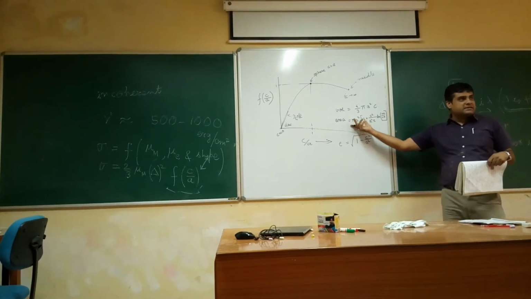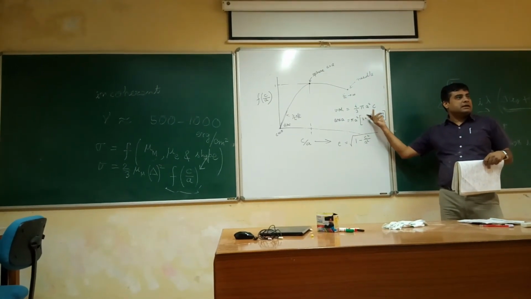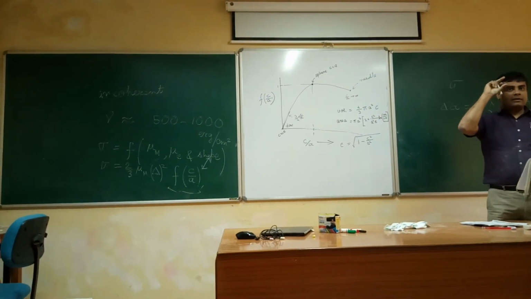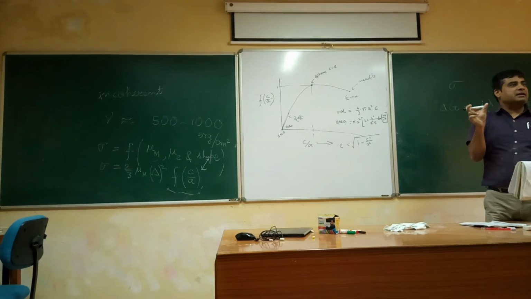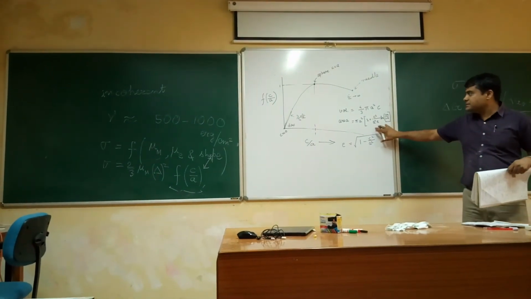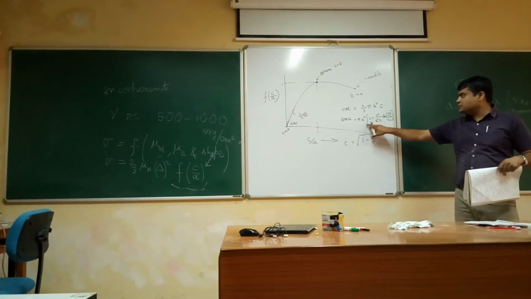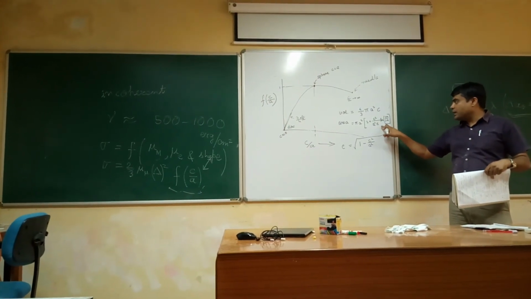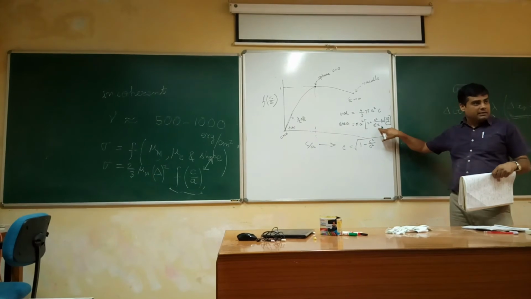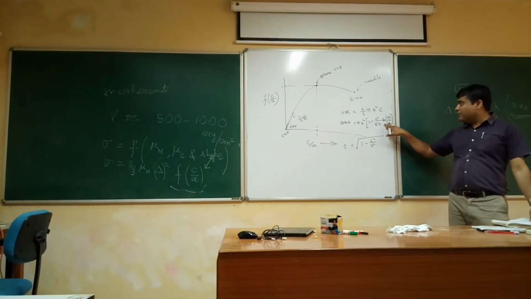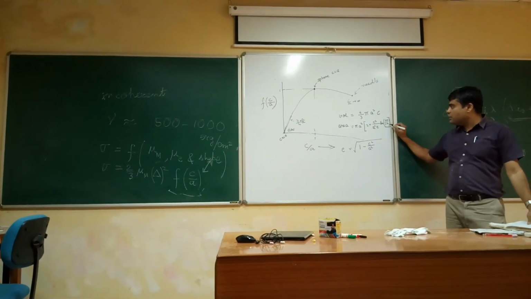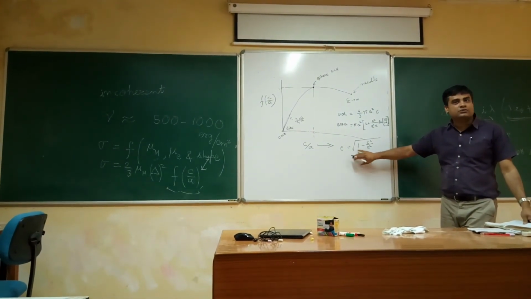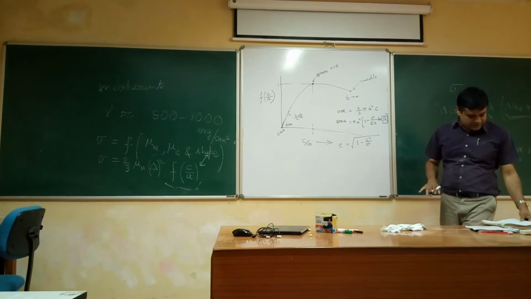The surface area of an oblate spheroid with c polar radius and a equatorial radius is given by pi a square within bracket 2 plus c square over a square, with e in the denominator, multiplied by ln of 1 plus e over 1 minus e, where the eccentricity e is given by the square root of 1 minus c square over a square.